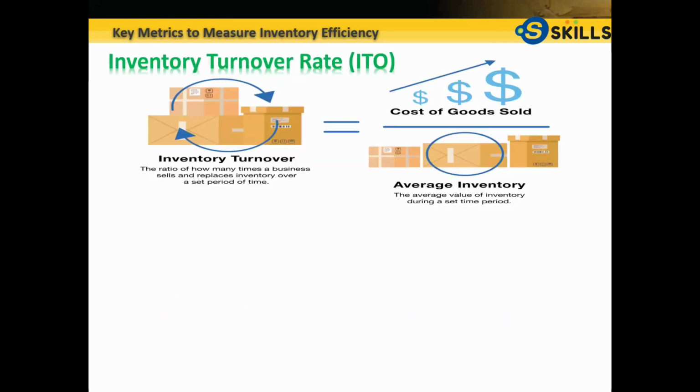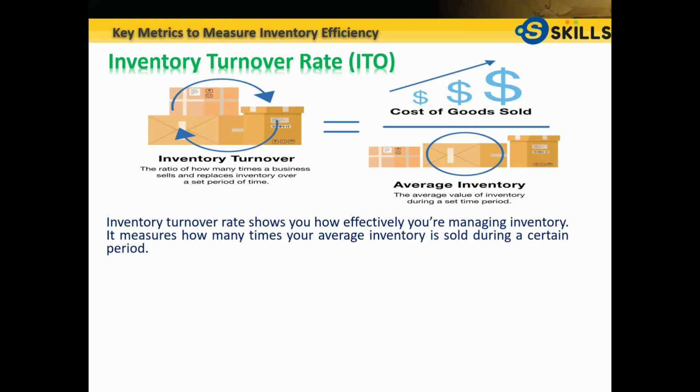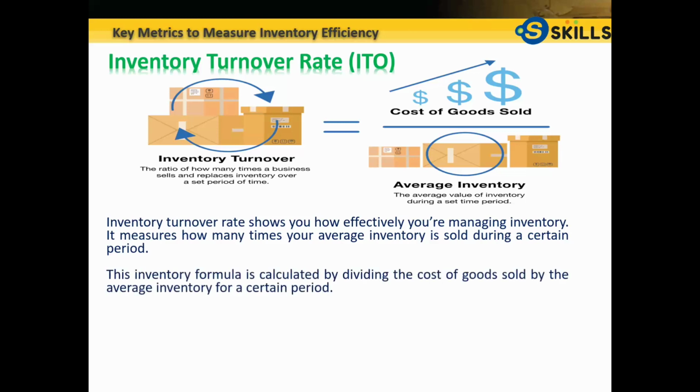Inventory turnover rate, ITO. Inventory turnover rate shows you how effectively you are managing inventory. It measures how many times your average inventory is sold during a certain period. This inventory formula is calculated by dividing the cost of goods sold by the average inventory for a certain period.